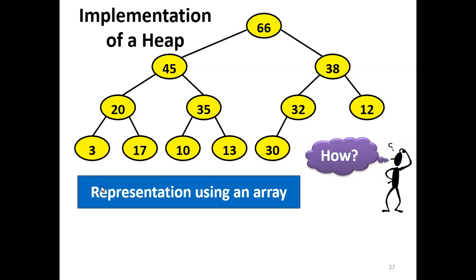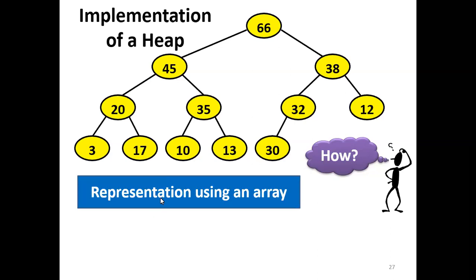So we record 66. The next element is going to be the element from the second level, and we start from the left. So the value is going to be 45. We record 45. Then the third is going to be 38 because it's still on the same level. We record 38.